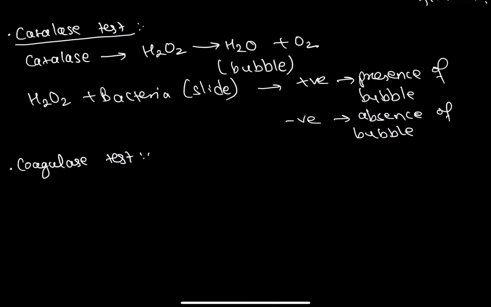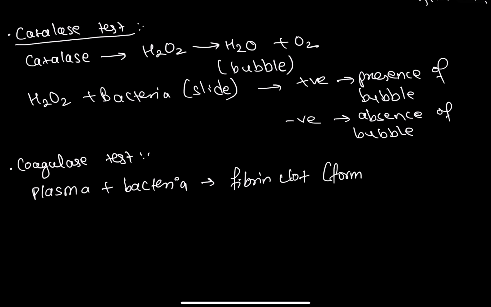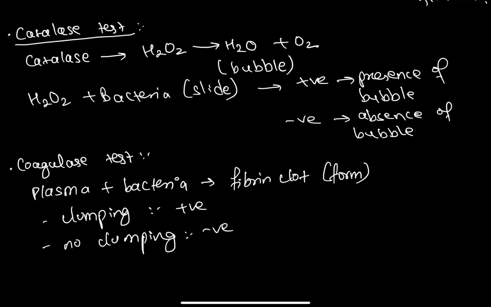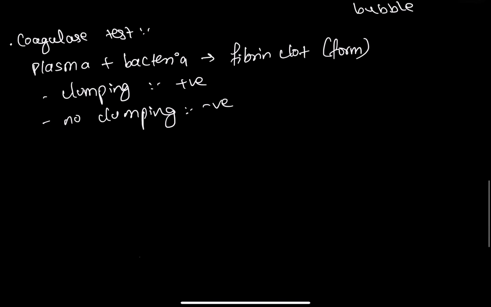In this coagulase test, we will add plasma and bacteria in one tube, and we will look for whether a fibrin clot is forming or not. If there is the presence of clumping, then that is called a coagulase positive organism, and if there is no clumping, then the organisms are known as coagulase negative organisms.